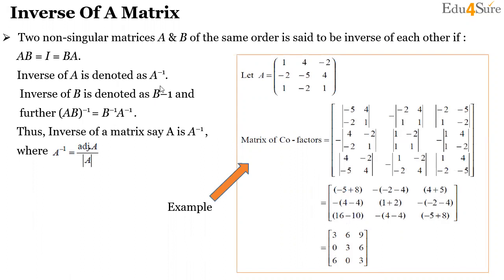Now if I talk about the inverse of AB, then what will you do? You first multiply A and B, then find the cofactor of that, transpose it, and then divide it. So what are the steps for this?